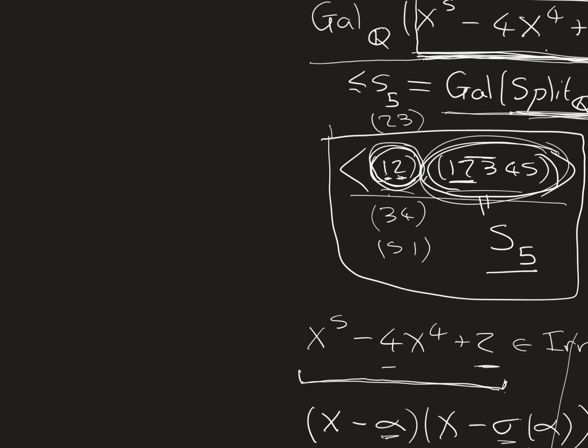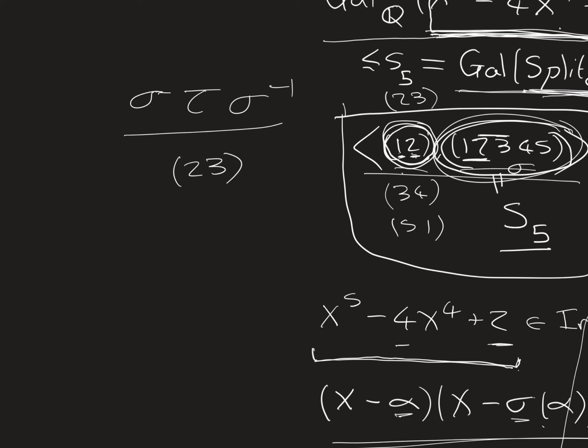Yeah, if we call our transposition tau and we call this sigma, I think it would need to be sigma tau sigma inverse rather than sigma inverse tau sigma. That would then turn, in this specific example, (1 2) into (2 3).